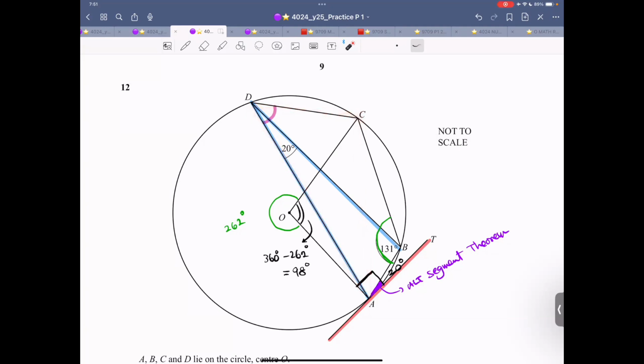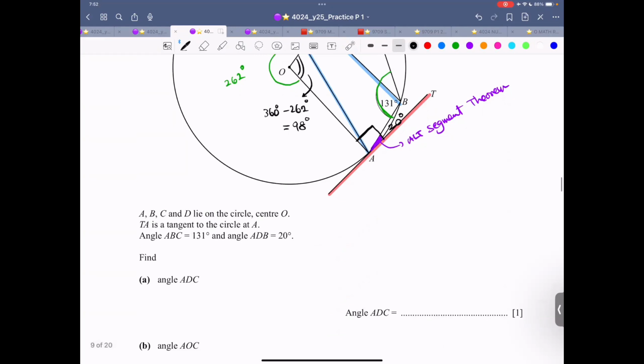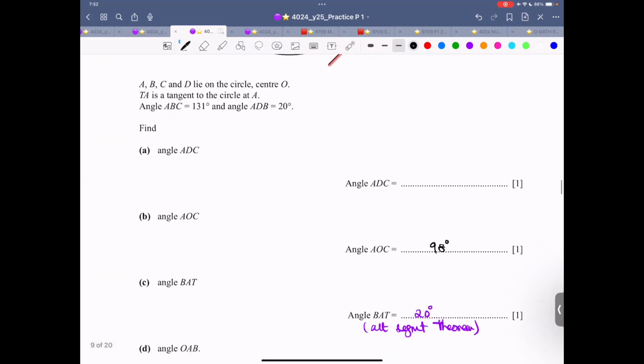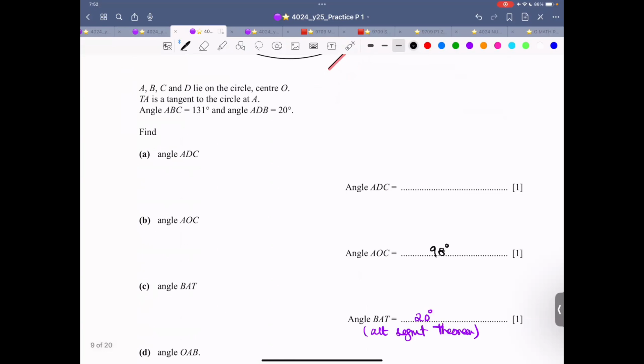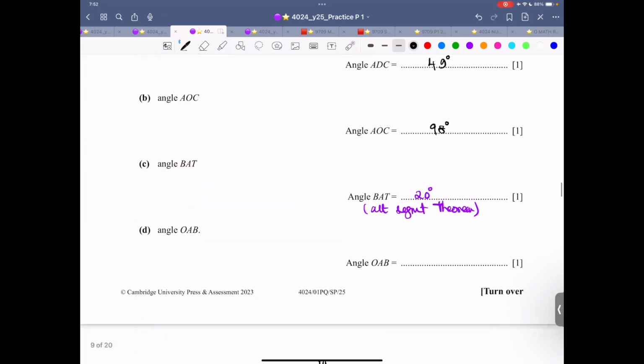No. That is this angle over here, this 98, this should be 49. I'll just double check the whole thing. And then what else is there? Are there any other parallel lines or something like that? So therefore, ADC is 49, because angle at the circumference should be half of that.